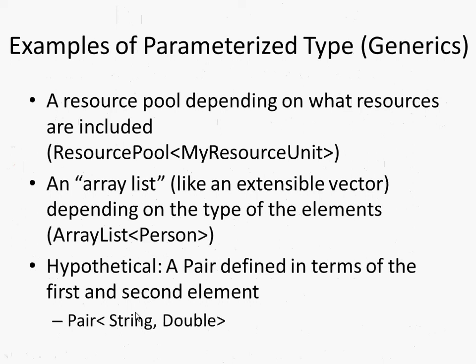This is somewhat more advanced stuff, but when you see these brackets, just be aware we're saying this is a pair of a string and a double. One comes first, one comes second. This is a resource pool of some resource unit. This is a list of persons.